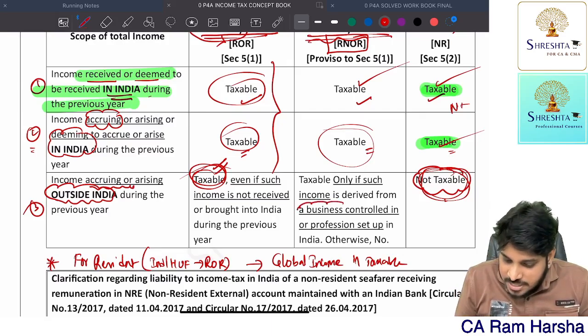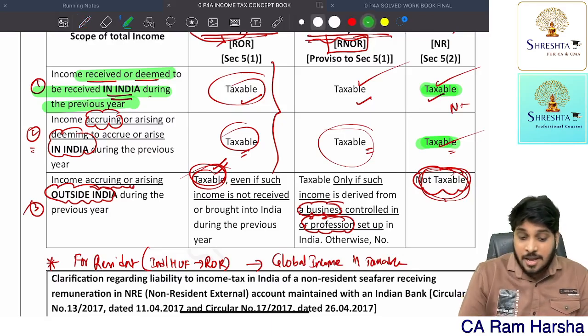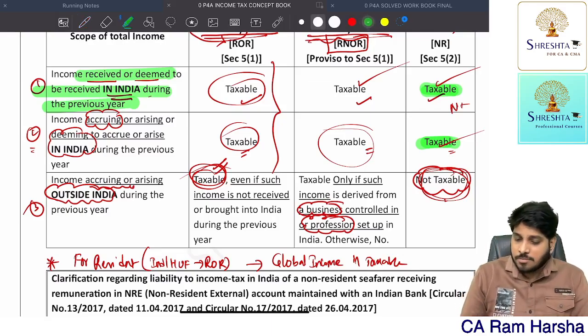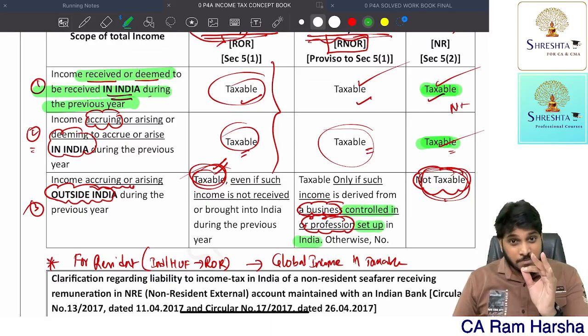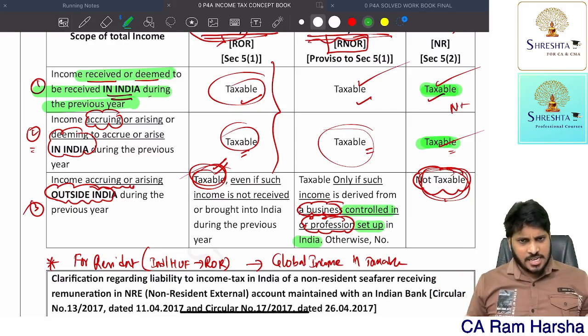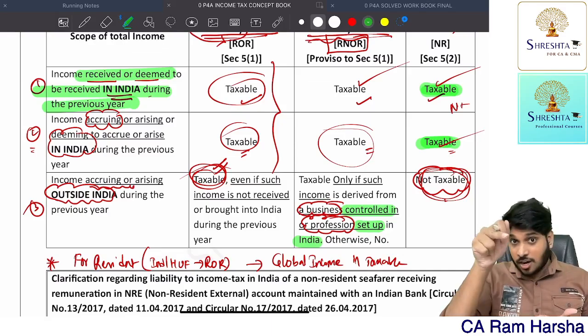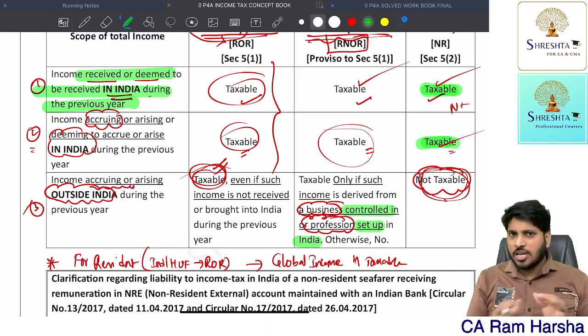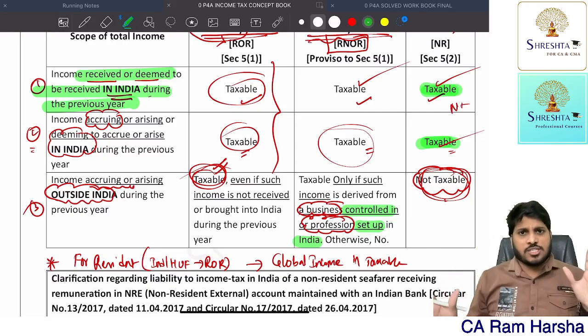If it is a business income or a profession income controlled or set up in India. If you are having a business outside India, and you are a resident in the current year only, getting it? You are not receiving any income in India, not earning any income in India, both receipt and source are outside.